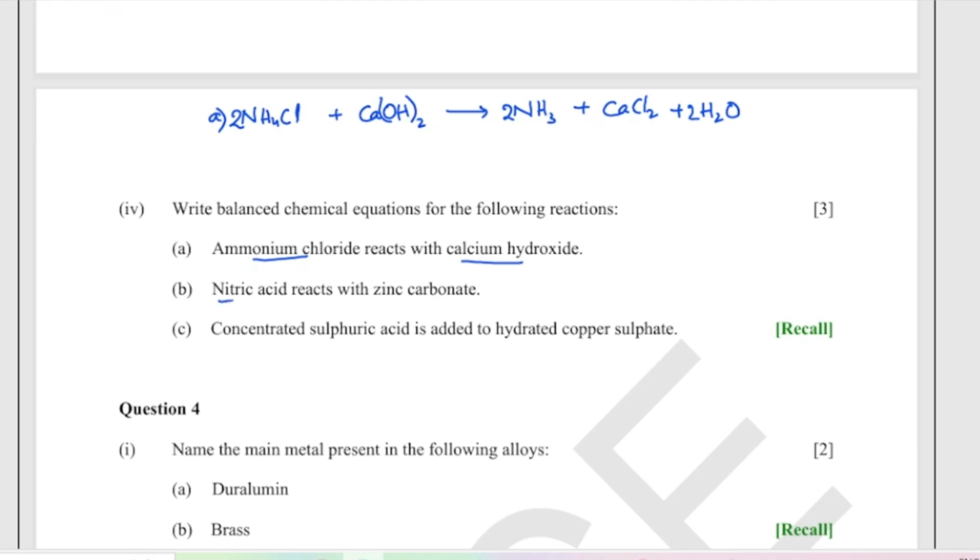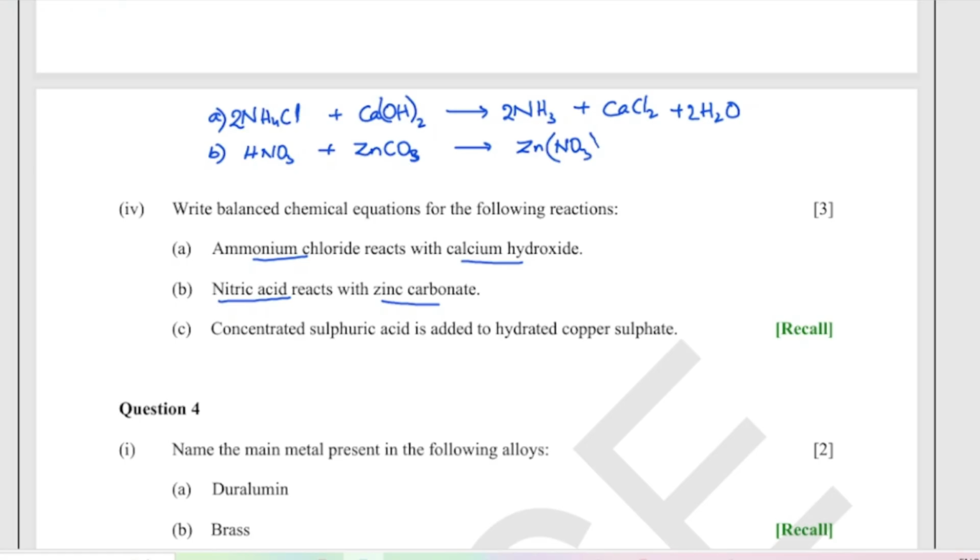Next, the second one: nitric acid reacts with zinc carbonate. So nitric acid reacting with zinc carbonate. Any acid, when it reacts with a carbonate, usually gives its salt.